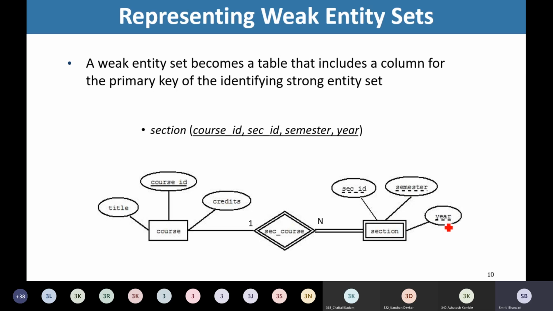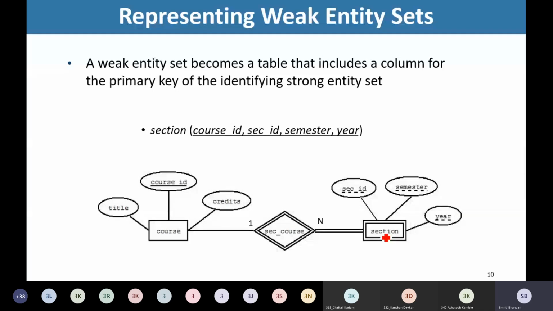So my section table will have 3 columns: section ID, semester, year, no doubt, because these are 3 attributes of my table. But in addition to attributes of the weak entity set, I am going to add one more attribute, one more column in my table section.